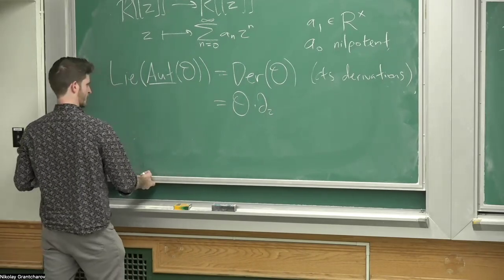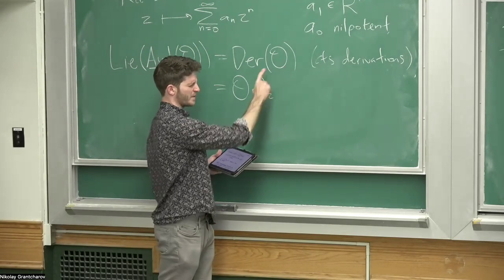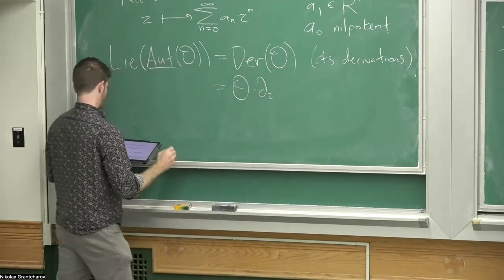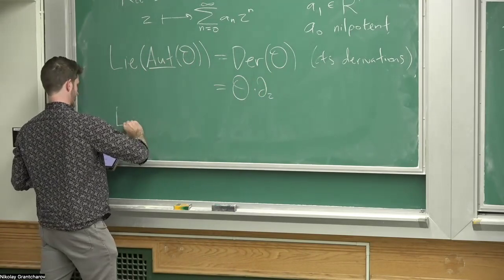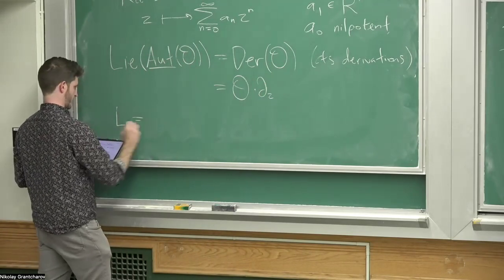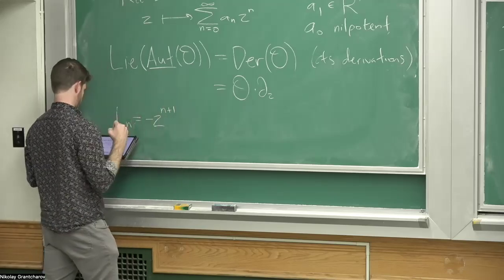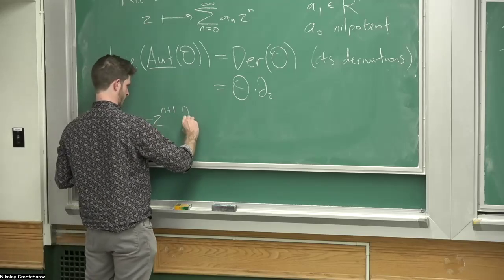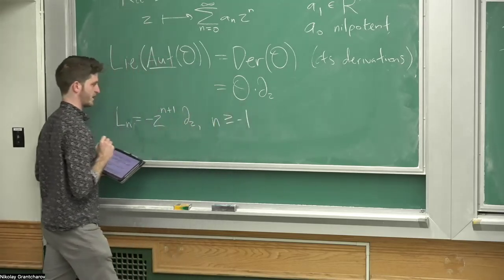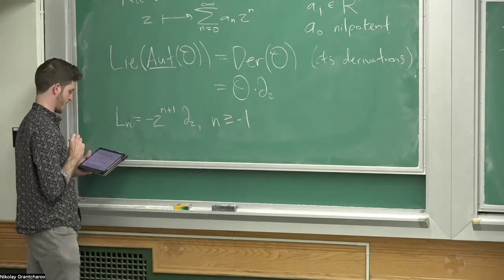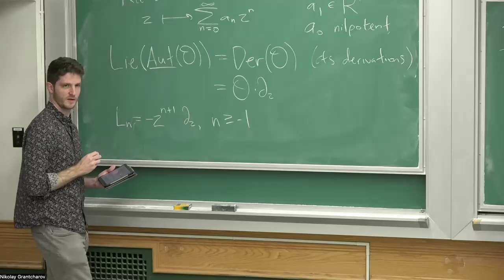So there's some standard notation associated with this. The Virasoro algebra is a certain central extension of this, or rather of the version for Laurent series, but in any case there's standard notation for the generators. This has a topological basis. The elements are traditionally written L_n, with normalization, for some reason, minus z to the n plus 1 d/dz. For the disk specifically, the condition would be n greater than or equal to minus 1. And this gives a topological basis for derivations of O.